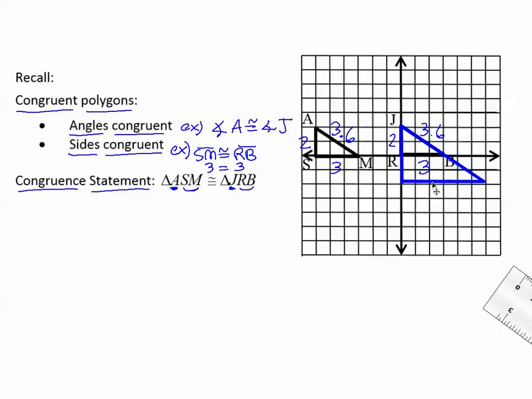Notice that the new triangle JRB has all the angles congruent to the old triangle. See how when I line them up, they fit exactly in that spot? And this angle right here fits exactly in that spot, except now it's twice as big as it was before.